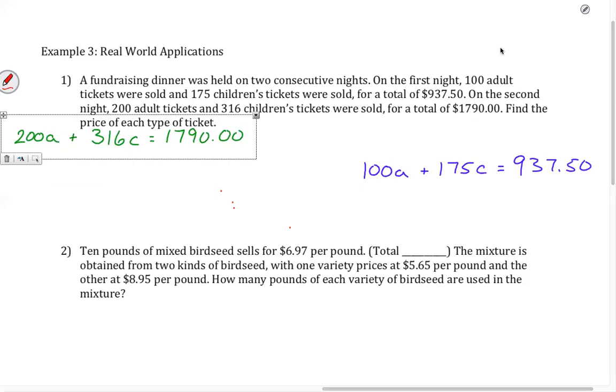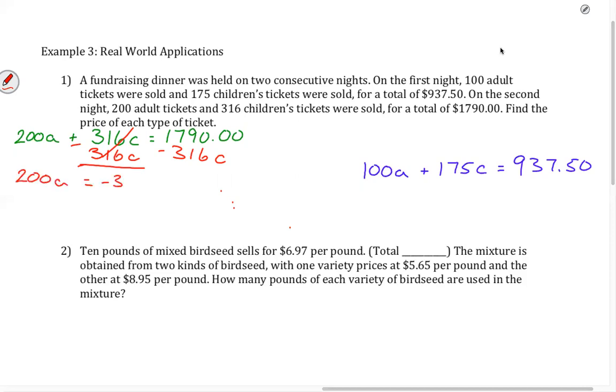So you said let's get A by itself. So I'm going to go ahead and subtract 316C from both sides. These cancel. So I have 200A equals negative 316C plus 1790. Are you okay with that, Julia?